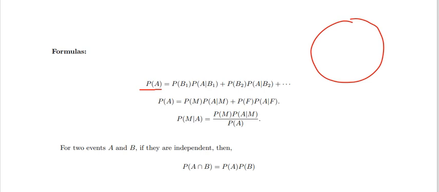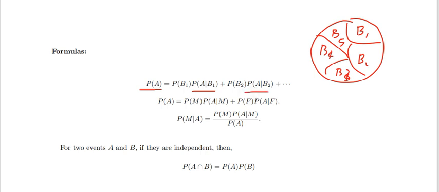So suppose we split all into parts, this is B1, this part is B2, this is B3, B4, like that. Then we check B1, this thing happening, B2, this thing happening. Then we should multiply.